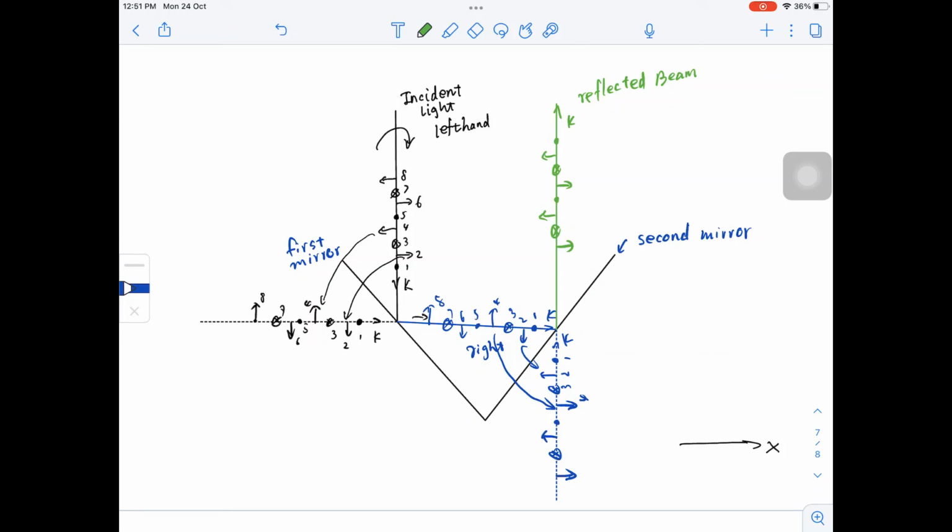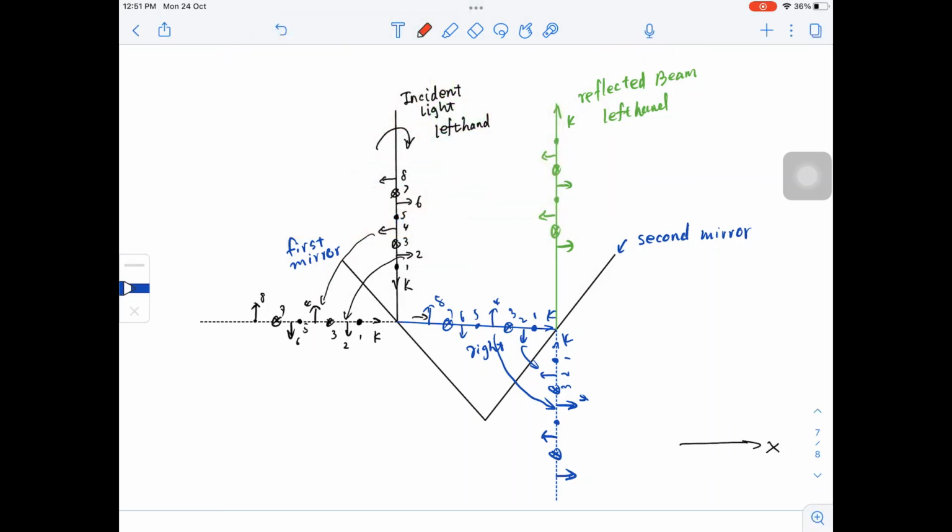Now we can flip the pad and use our hand to try left, right. Let's see. Oh my god, this is left hand polarized light. Left hand polarized light. So in this scenario, we can already know this.